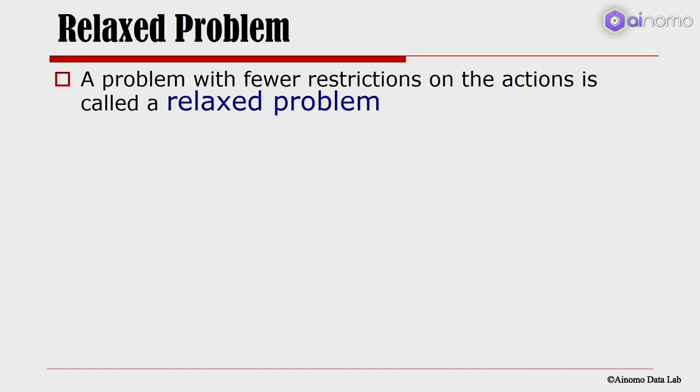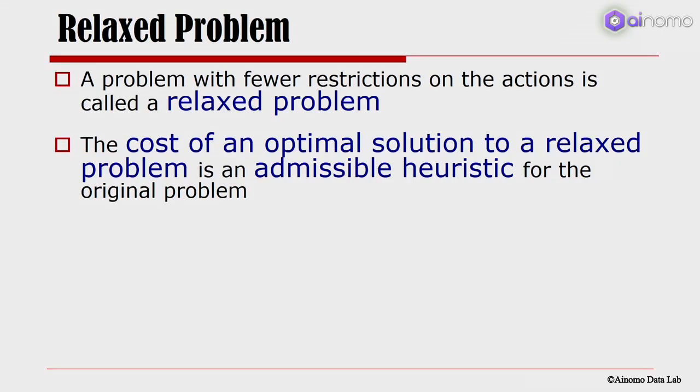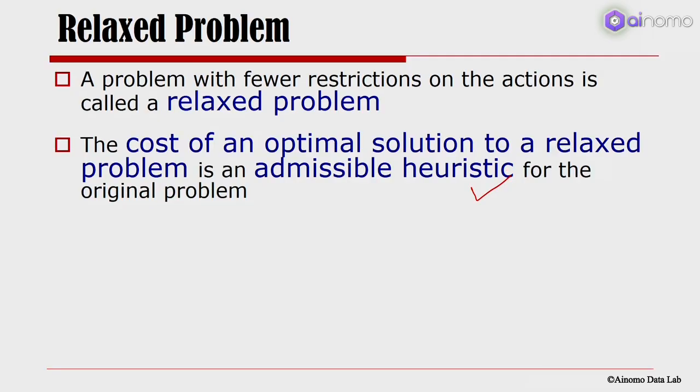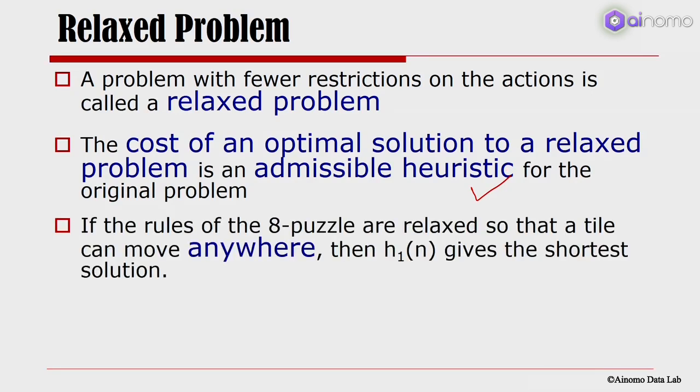So this is how we will look at a relaxed problem with fewer restrictions on the actions. The cost of an optimal solution to a relaxed problem is an admissible heuristic for the original problem. This is what makes problem relaxation important.